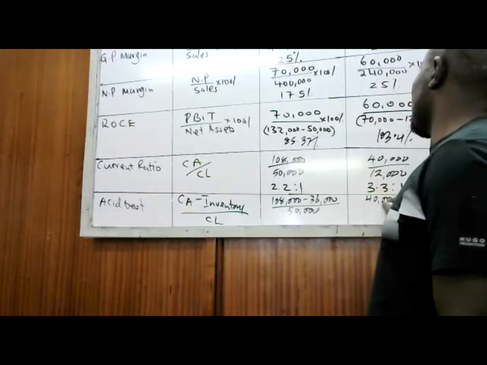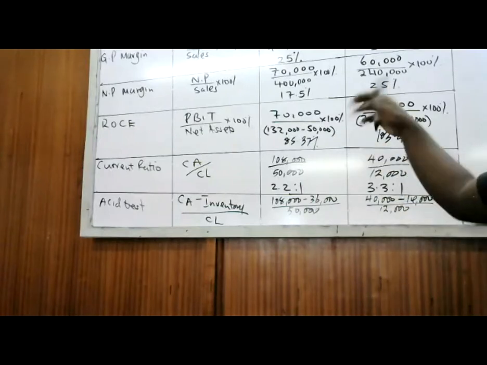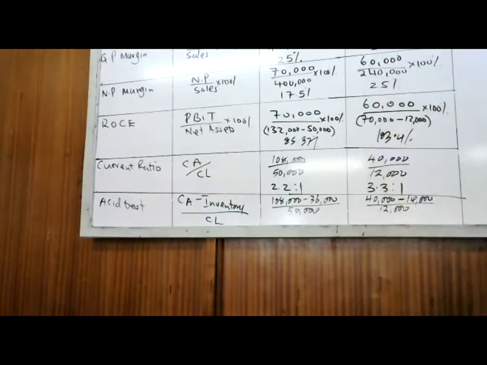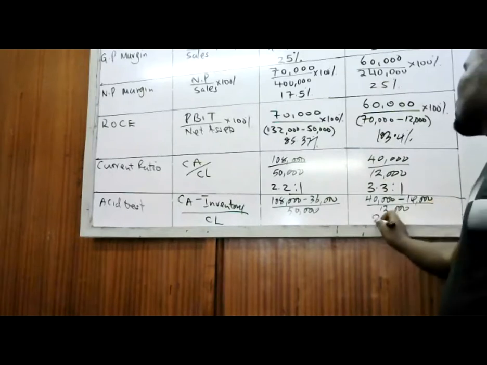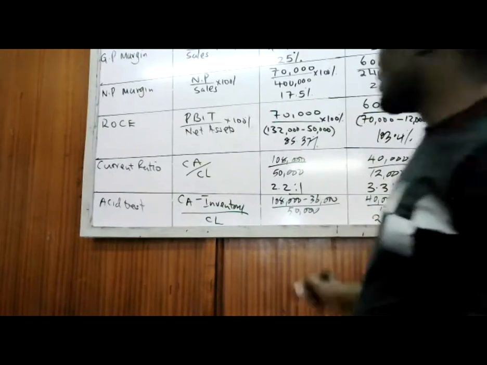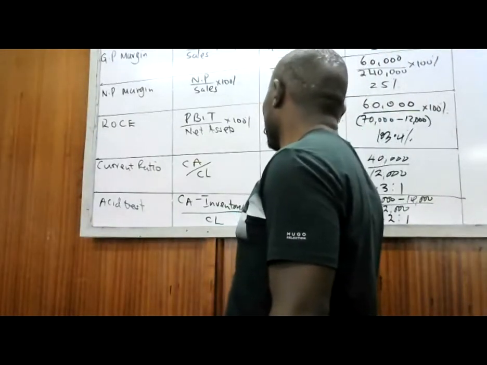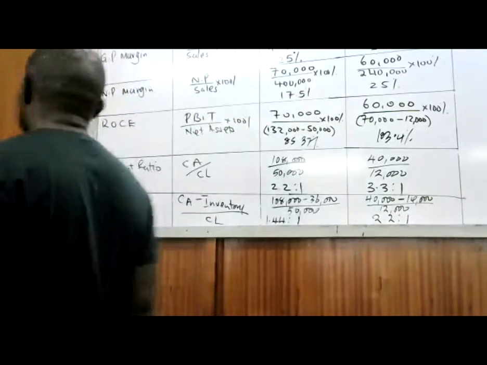You subtract 14, divide by 12. So your answer will be just like this one. This is to this. 2.2 is 2. Then the first one, 1.4 is to 1. So 1.4 is to 1.